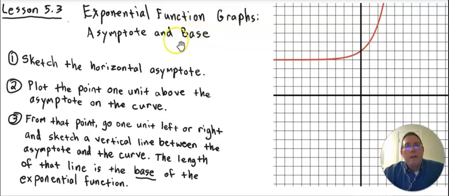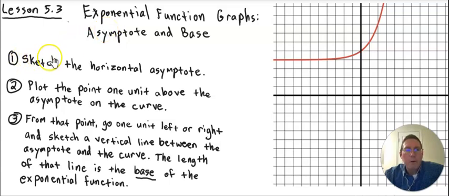The easiest way I can think of to explain the asymptote is, do you see how these curves at some point eventually flatten out? It almost looks like a horizontal line. This horizontal line right here, this y equals horizontal line, that is the horizontal asymptote, where the exponential function flattens out. That is what we call the horizontal asymptote.